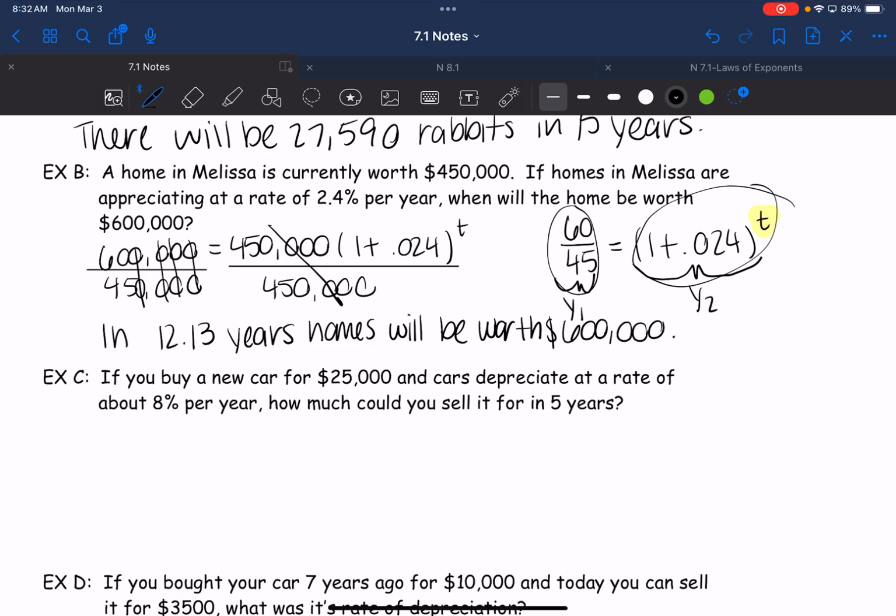Okay, so you may have to use the table because your calculator's not calculating the intersection. So that was, what was it, 60 over 45? So 1.3 repeating, so you're going to want your table start to be at 1.33 repeating.